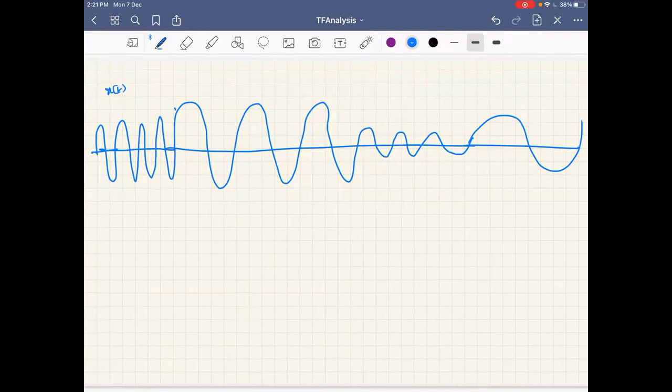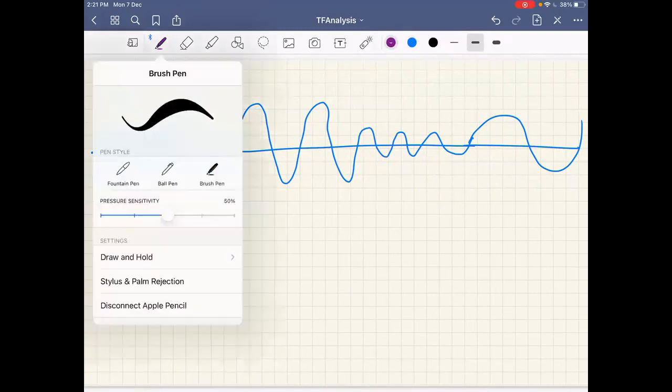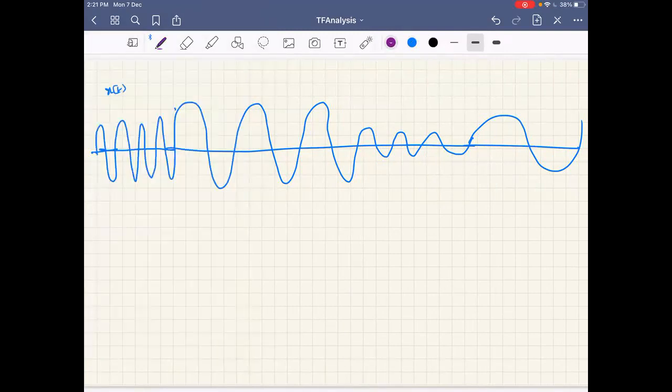See, if we consider a signal x of t that is like this, you can see that this x of t has different frequencies at different time durations.